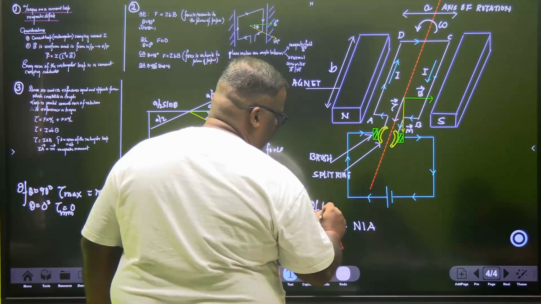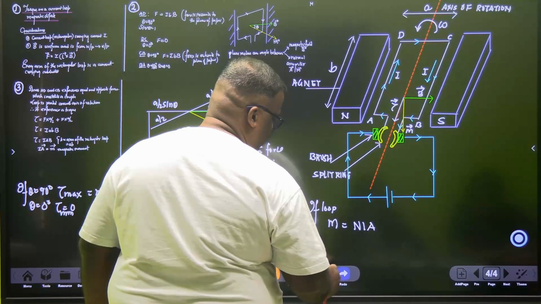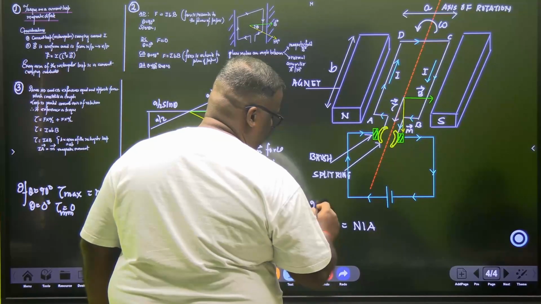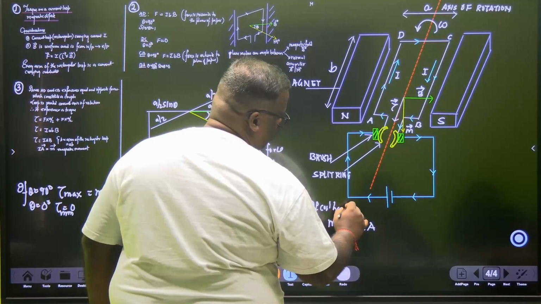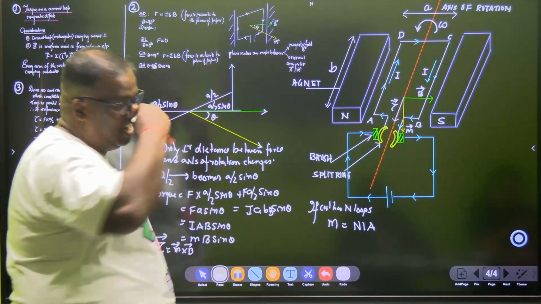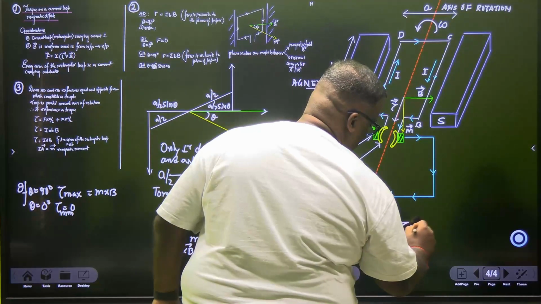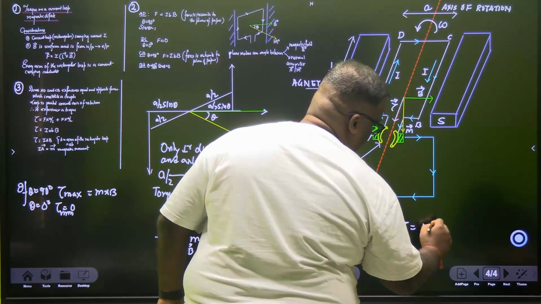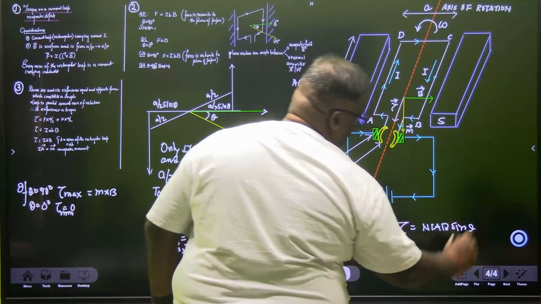If the coil has n loops, then your magnetic moment will be NIA. Then your torque becomes NIAB sine theta, in magnitude.